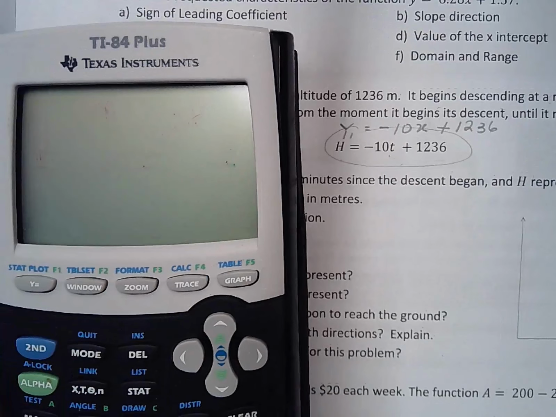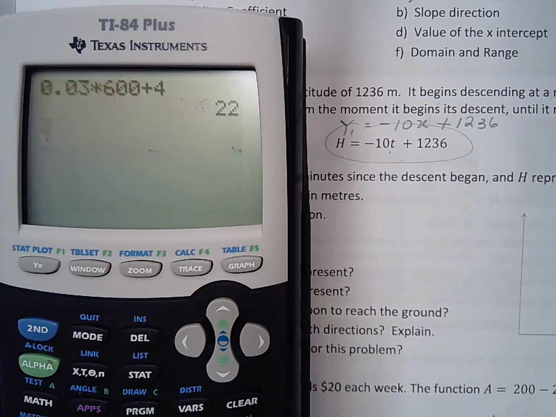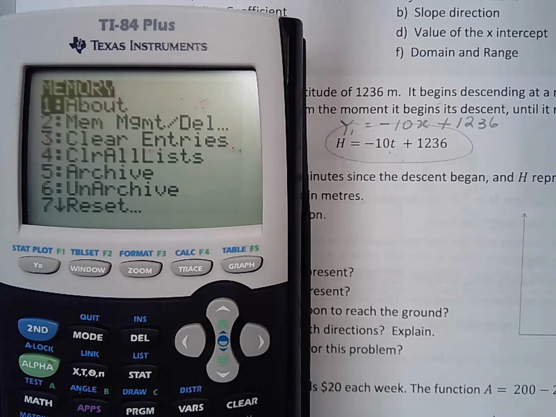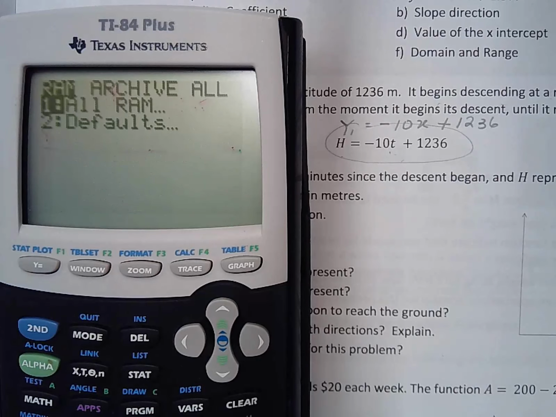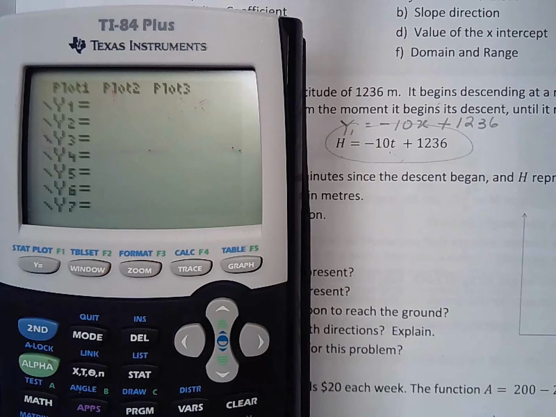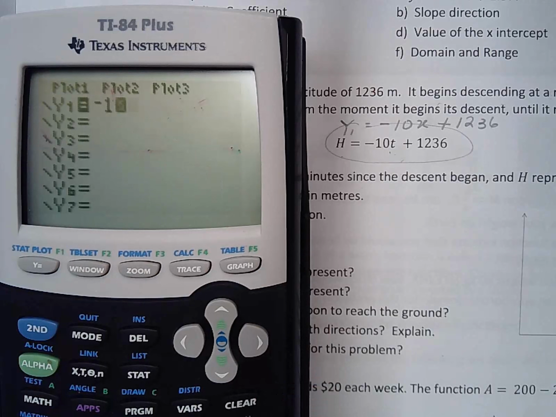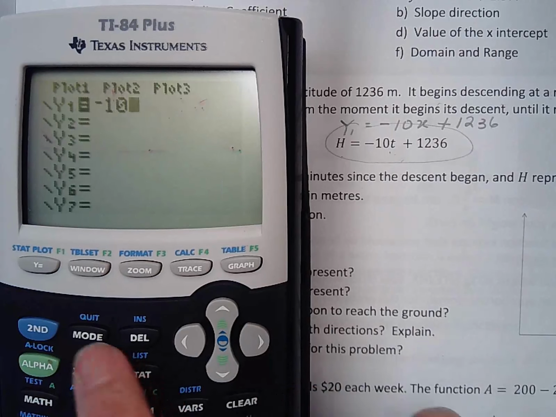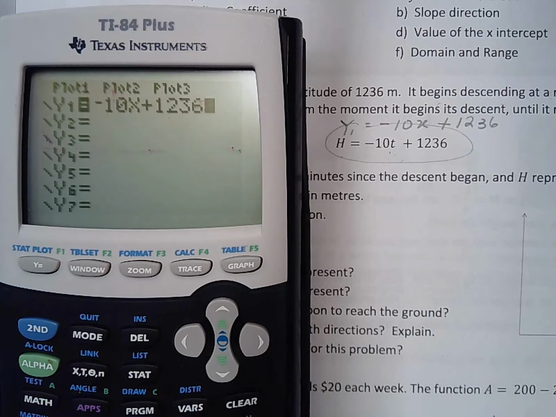I think everyone is comfortable with that piece. Since I haven't used this today, I'm just going to clear off everything. Now before we press graph, what kind of graph are you thinking about?